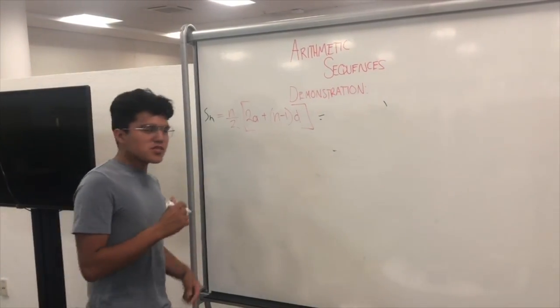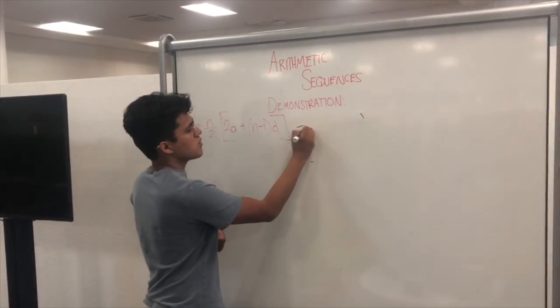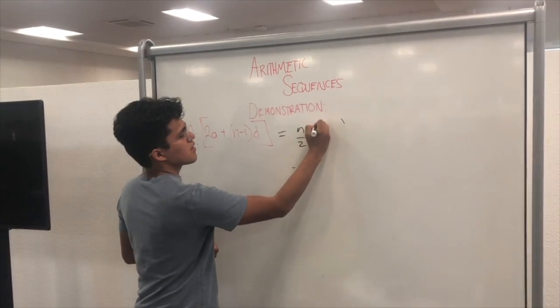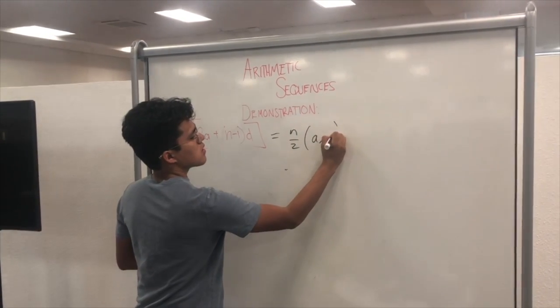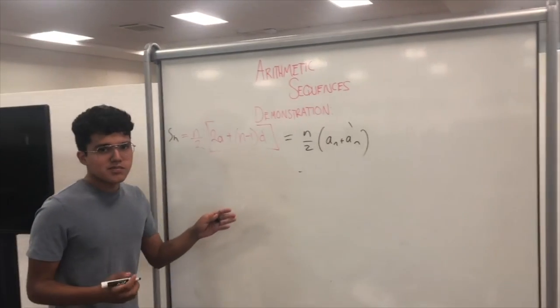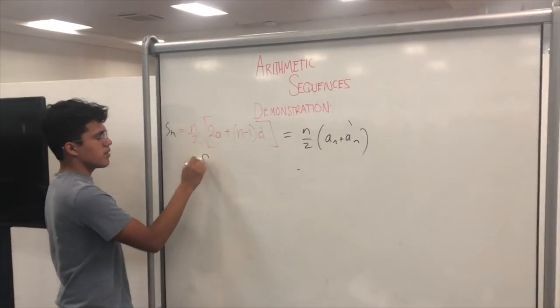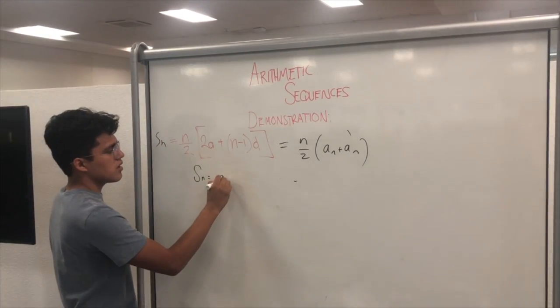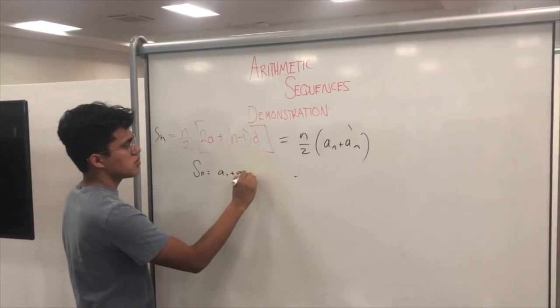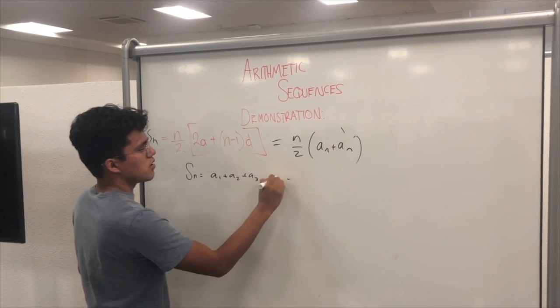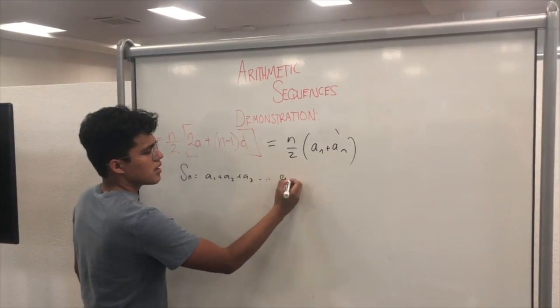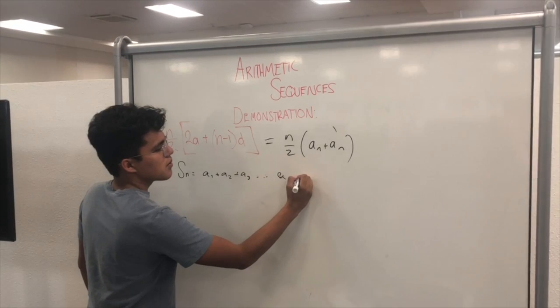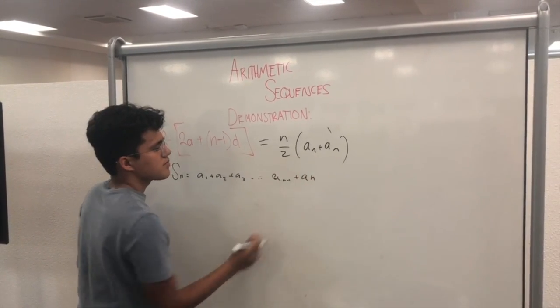So now we're going to demonstrate how this one is actually equal to this one. Let's begin. So we already know that Sn is equal to a1 plus a2 plus a3 all the way to a(n minus 1) plus an.